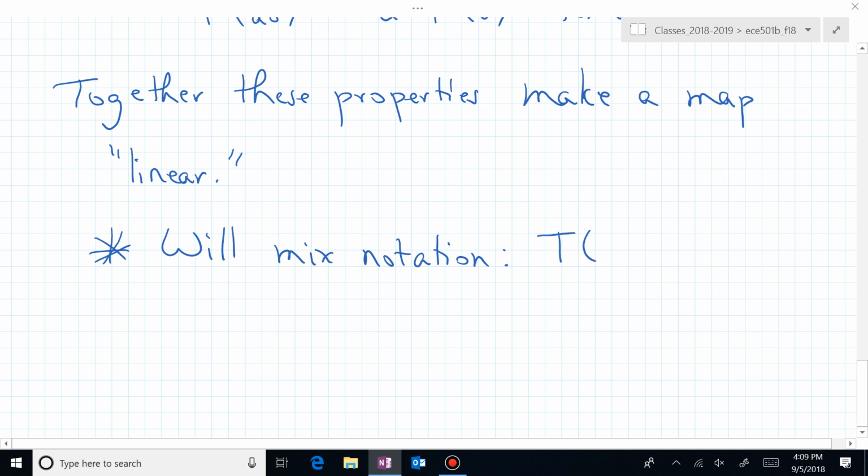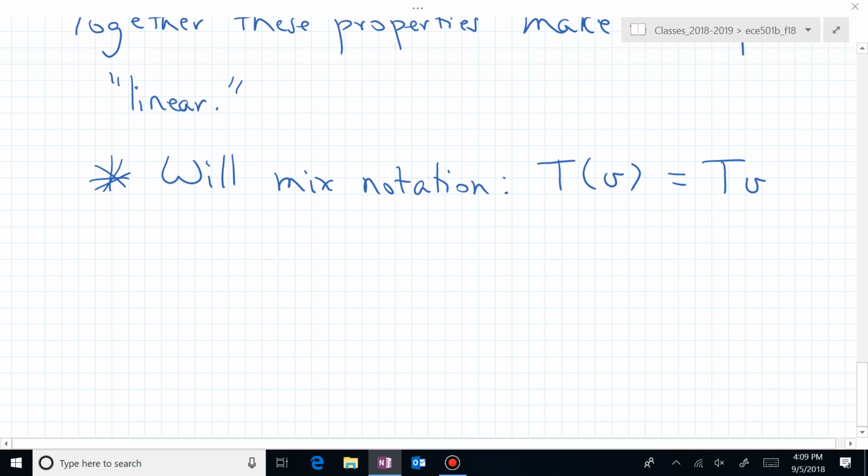Meaning I may say T parenthesis V, where V is the argument of this map, or I may just write it as TV. And it's T lowercase v. Don't be thinking about your television programs that you're going to go home and watch when I say TV. It's T as a map on this vector V.